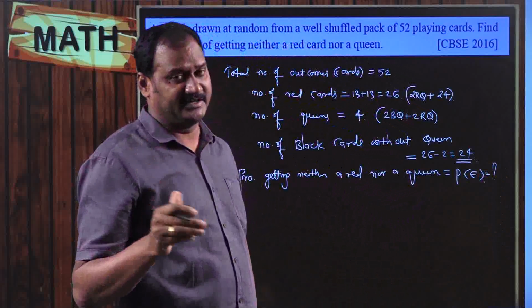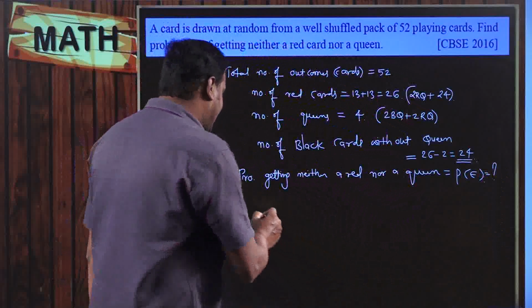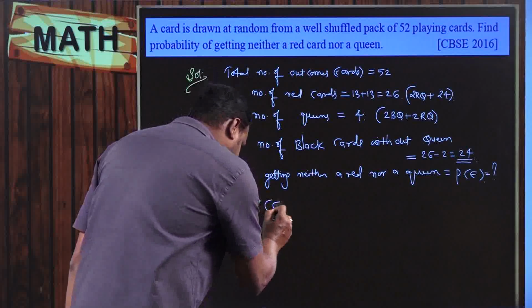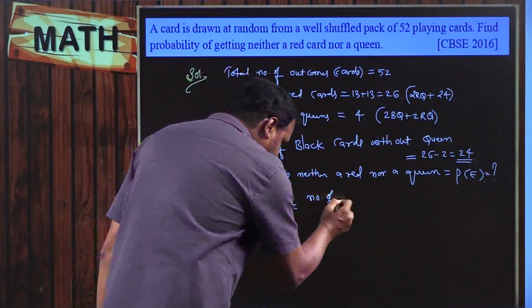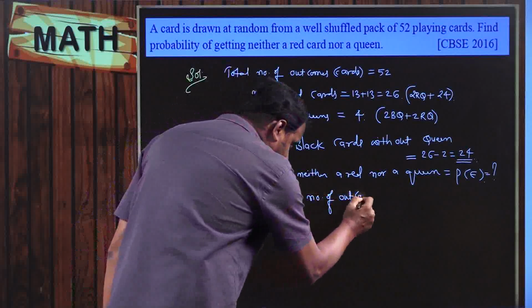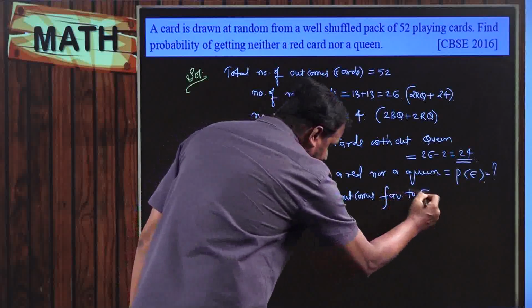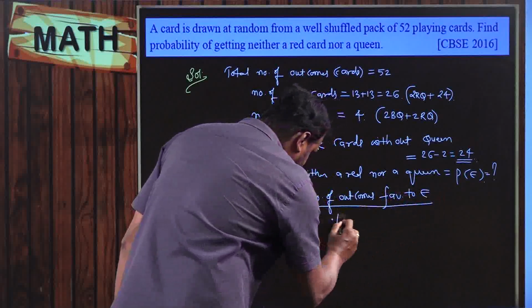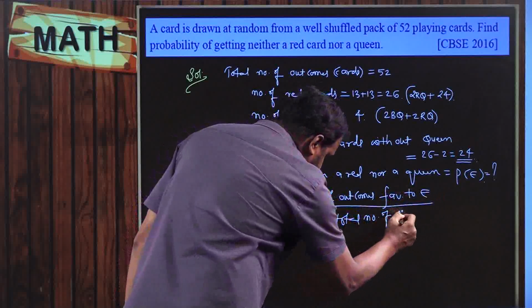That is very, very important, because the formula carries half a mark also. So I am writing here the classical definition: the probability of getting an event E is equal to the number of outcomes favorable to E divided by the total number of outcomes.